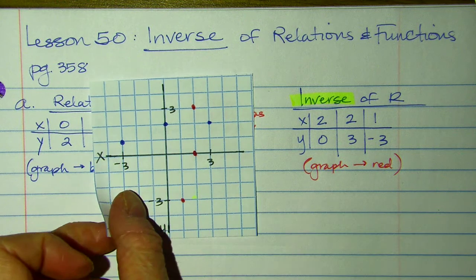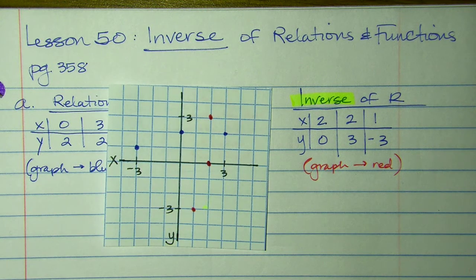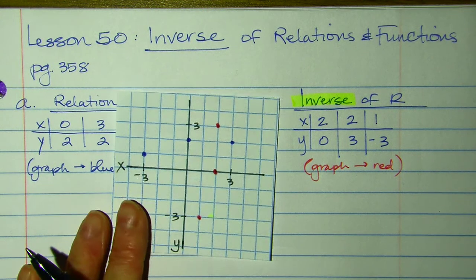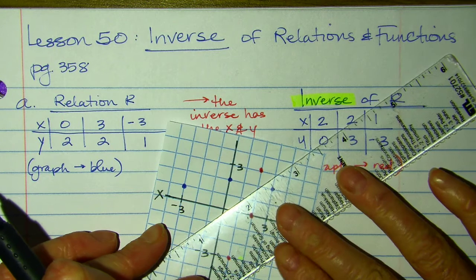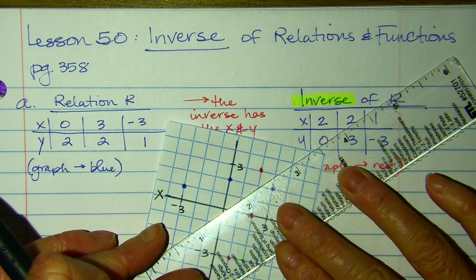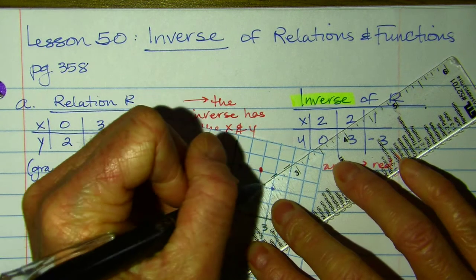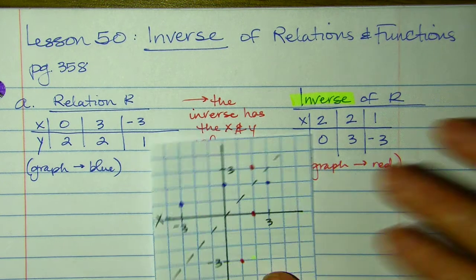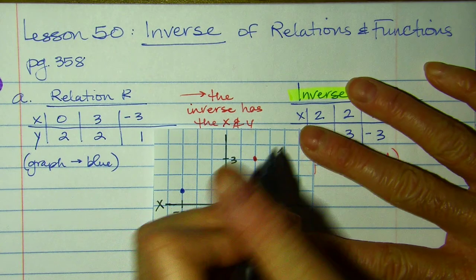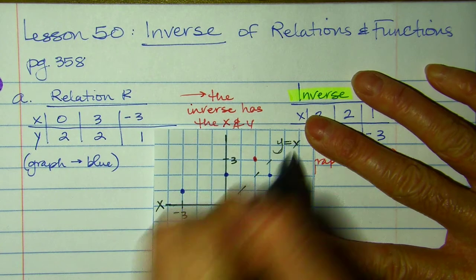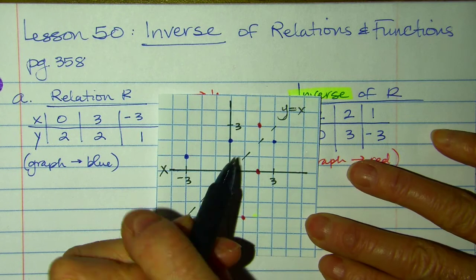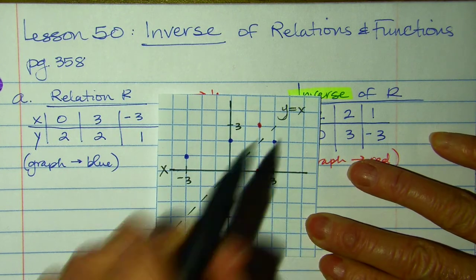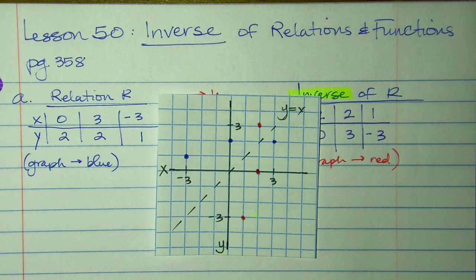And it asks us, what do we notice? Something else I'm going to tell you about inverse functions: not only are their tables switched, but their graphs should be a reflection across this line here, the y equals x line, where it goes through 1, 1, 2, 2, 3, 3. Like y literally equals x.